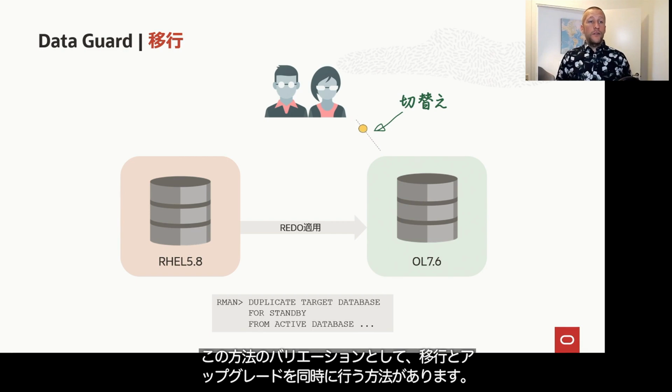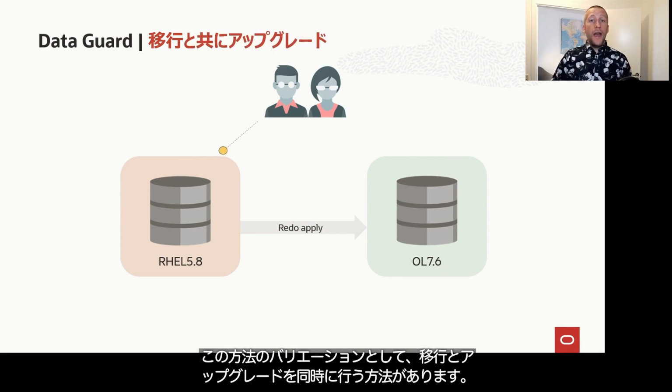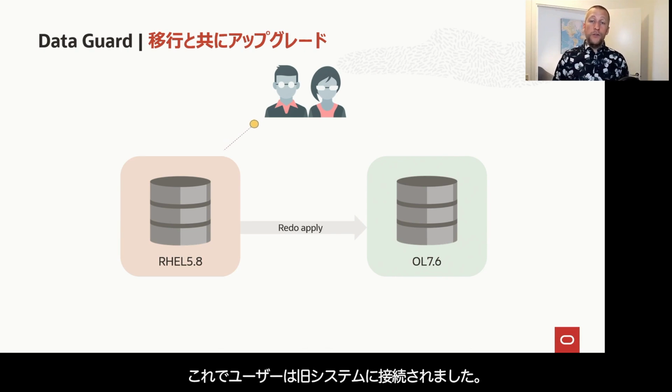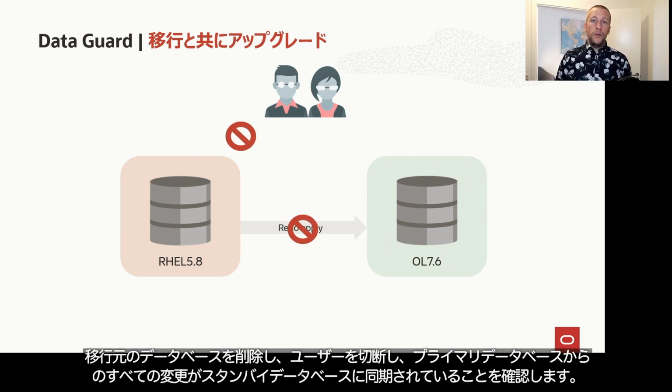A variation to this is to do migration and upgrade at the same time. In this example, we've already built the standby database and configured redo apply. Now the users are connected to the old system, but now it's time to complete the migration. So we drain the source database, we disconnect the users, we ensure that all the changes from the primary database have been synchronized to the standby database.